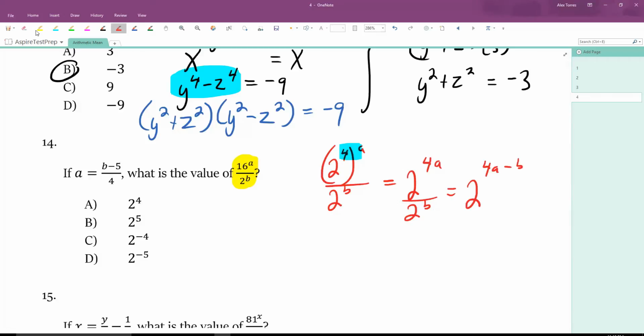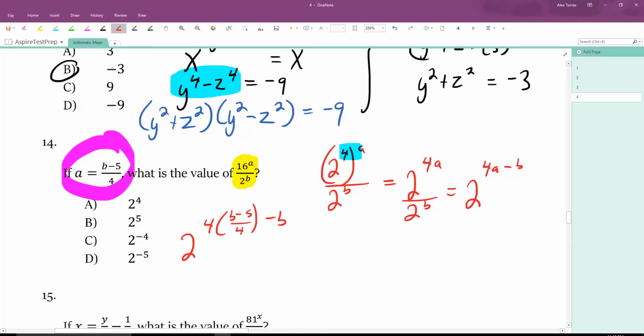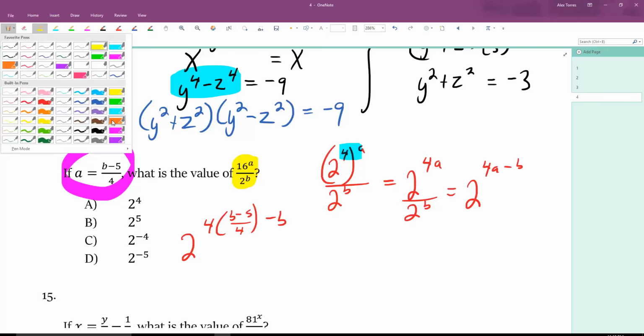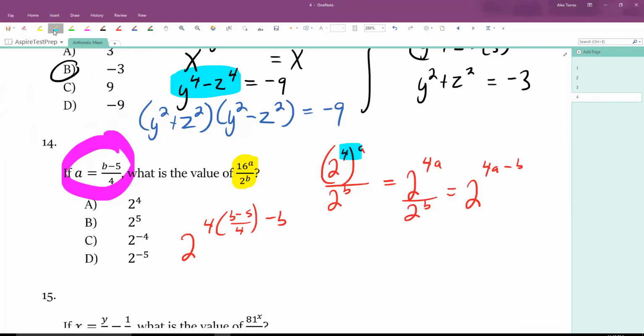Now we can go ahead and use this piece of information and substitute in for a. So we have 2 to the 4 times b minus 5 over 4, minus b. And what we have here is a 4 on the outside and a 4 on the inside.